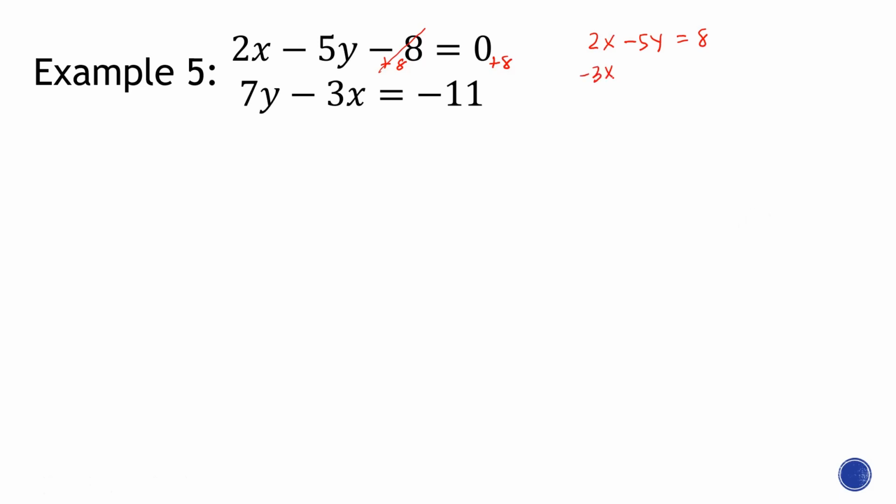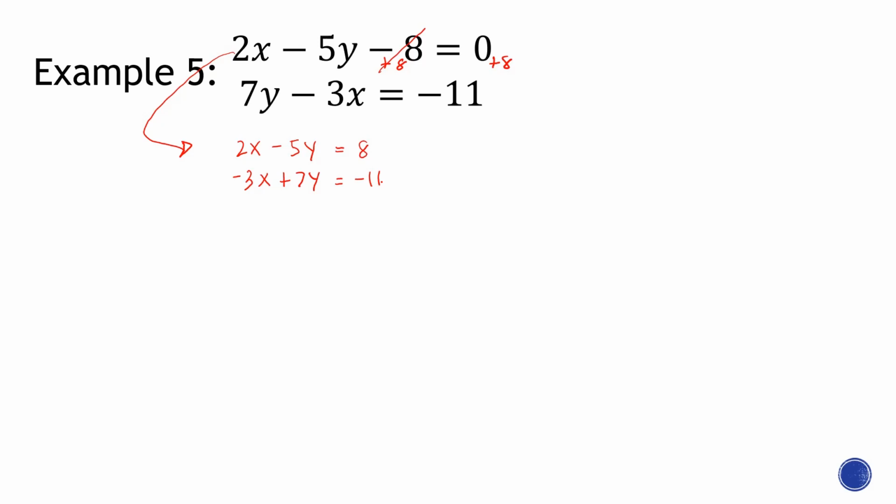Okay, I think I need more space on the right side. So this becomes 2x minus 5y equals 8. And the second equation will be negative 3x plus 7y equals negative 11.